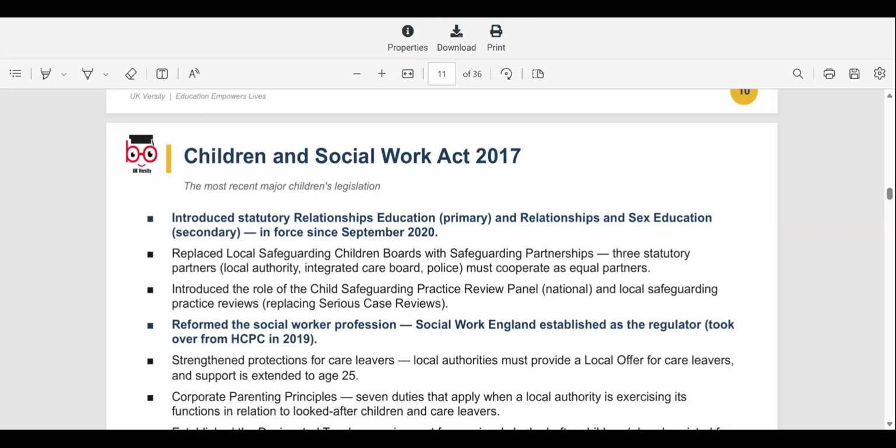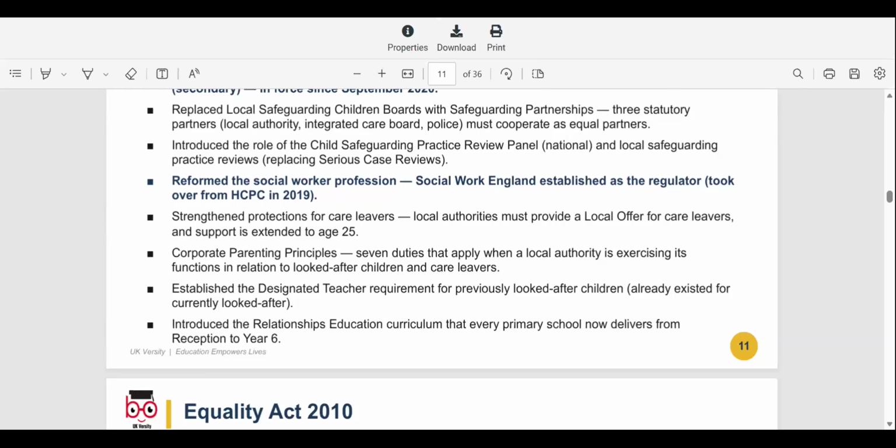It also promotes educational outcomes for adopted children. It really tries to strengthen and reform the social work profession, because there have been lots of discrepancies and lots of cases where social workers have been incompetent and not performed their duties properly.